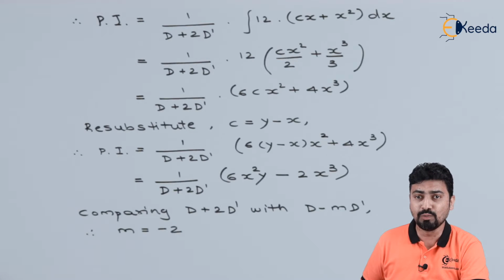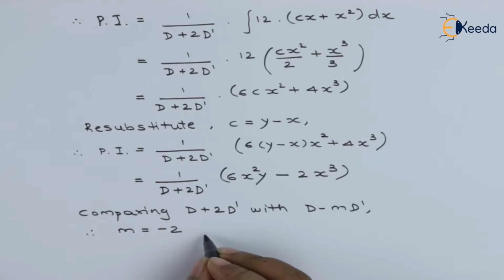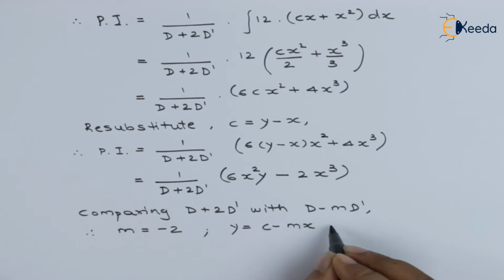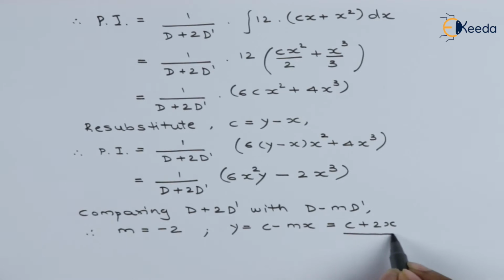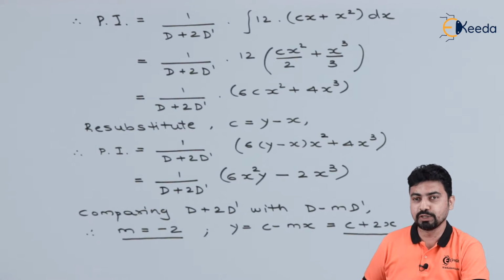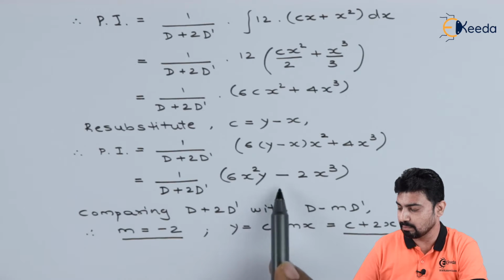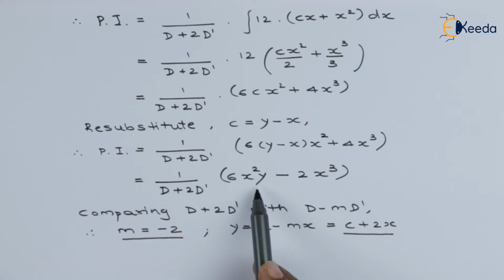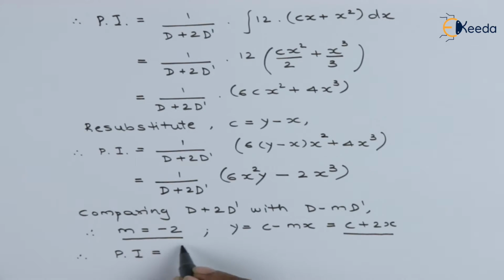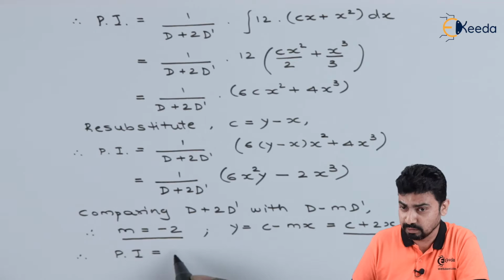Therefore, y will be equal to c minus mx, which is therefore equal to, so we have to substitute y is equal to c plus 2x in f of xy. Our f of xy is the last expression of x and y, which was 6x square y minus 2x cube. So instead of y, we put c plus 2x. And we integrate it with respect to x.